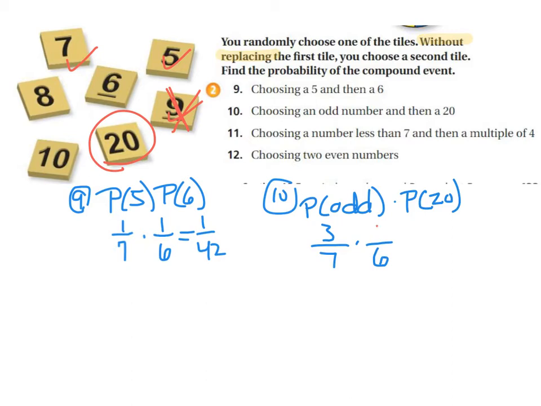So that's 1 out of the 6. So now 3/7 times 1/6 is 3 over 42. And I believe that can be simplified: 3 goes into 3 once, and 3 goes into 42, 14 times. So that should be 1/14.